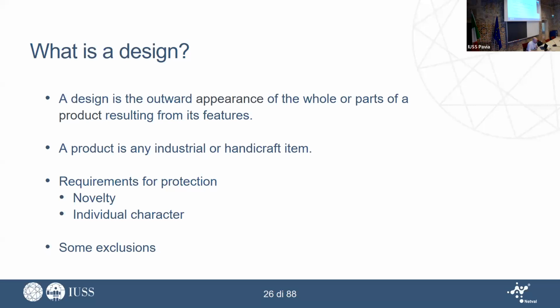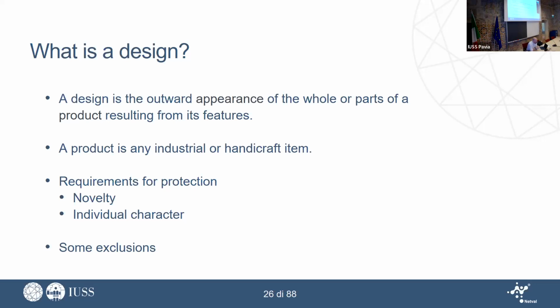There are just two requirements for the protection. The first one is novelty. The design must be new, and no other identical design should have been made available to the public. And the second is individual character.